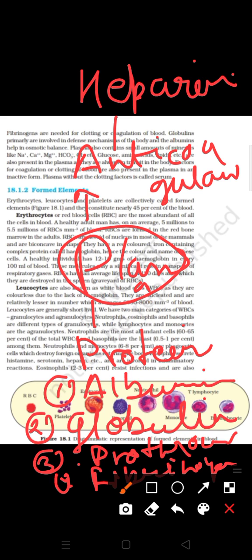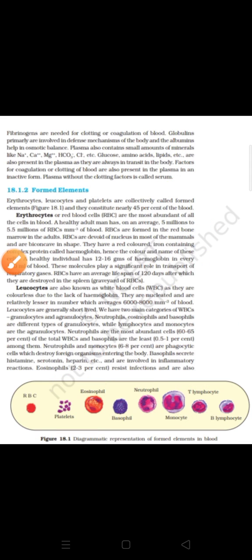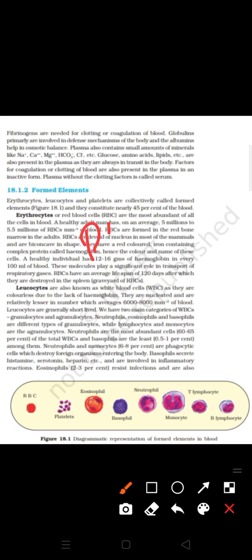Next, for defense functioning, what is present in our body? Antibodies, immunoglobulins, lysozymes, like in our tears and saliva, and properdin are also present for the defense mechanism in our blood plasma. What else is present in our blood plasma?